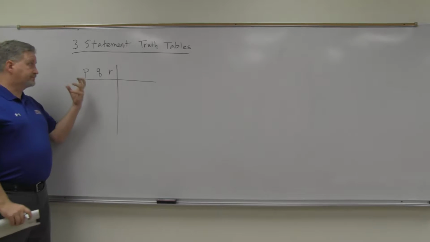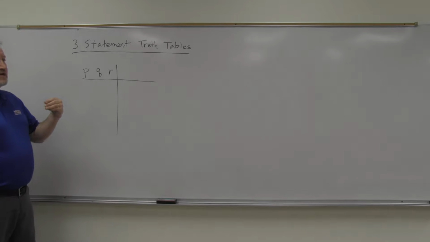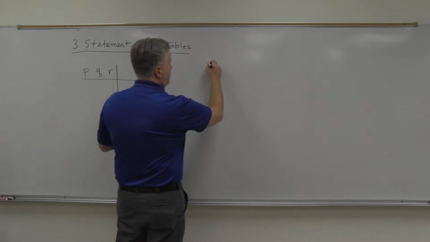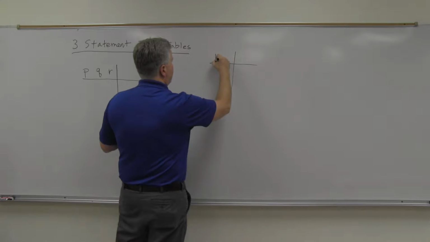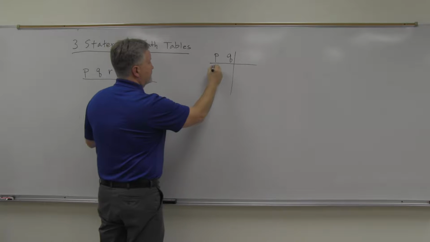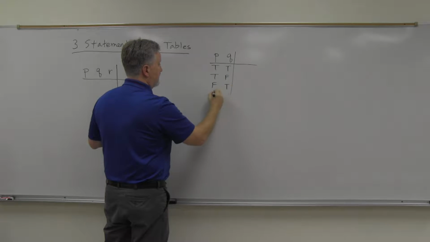Well, if I'm doing a truth table, remember the idea is I want to list every possibility. Let me look at the 2 statement one to start. If I've got P and Q, I've got true, true, true, false, false, true, and false, false.